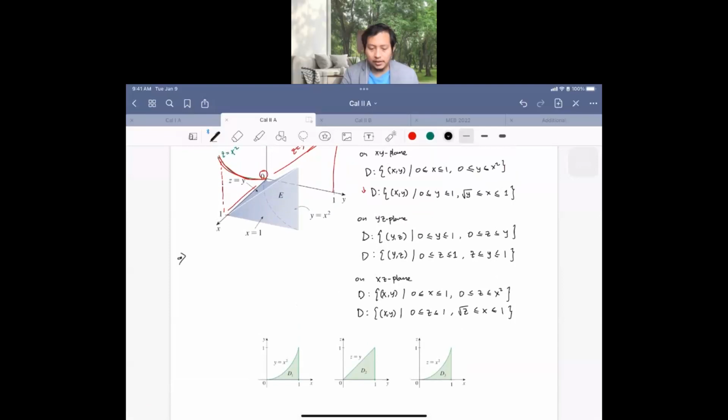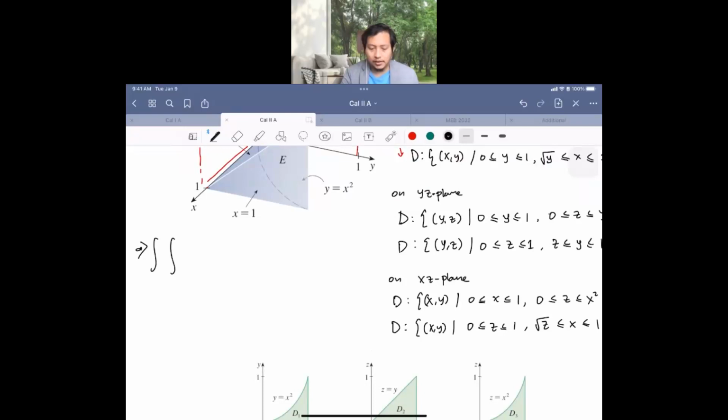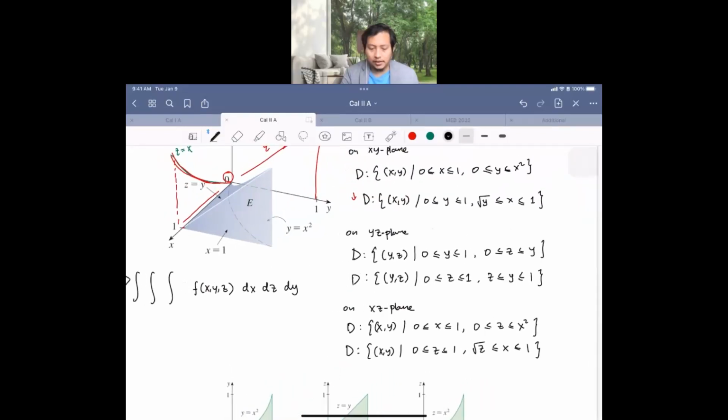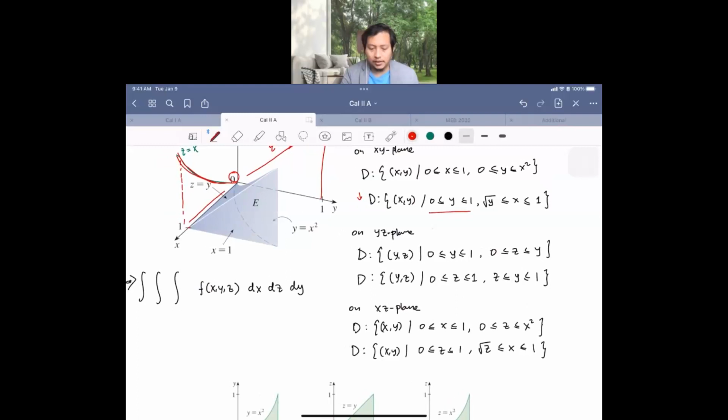Okay. So first, the solution is we would have, if we would like to make it into dx dz dy, we will start from y. y should be a constant, so we could look at this, right, from 0 to 1.